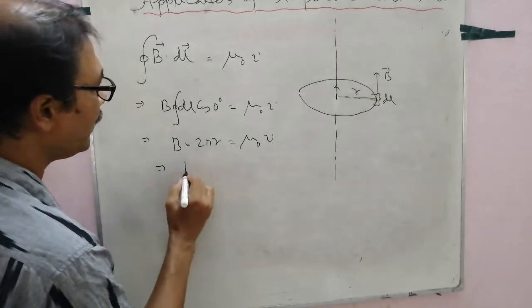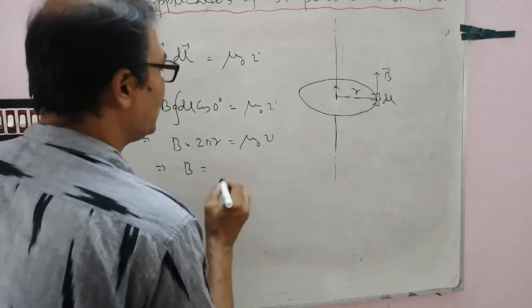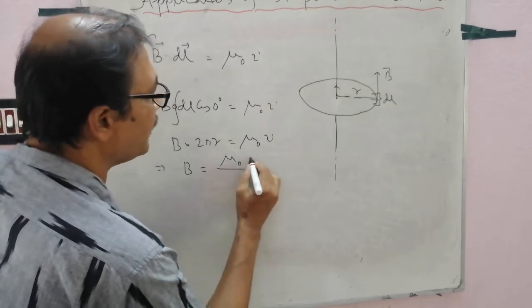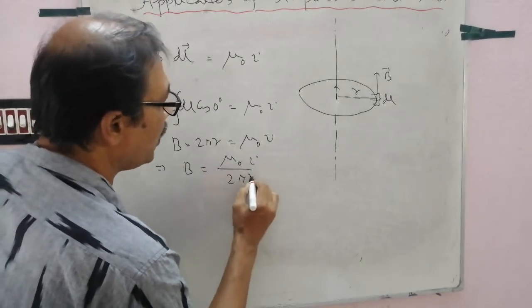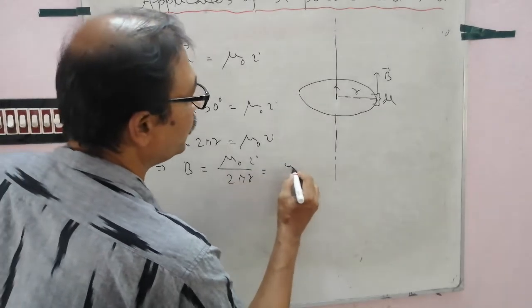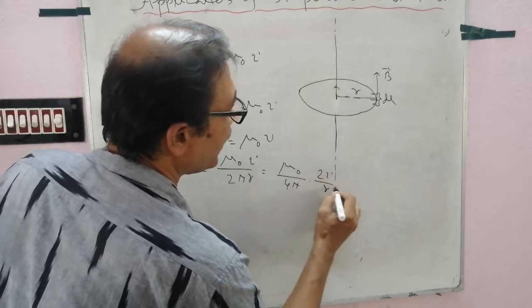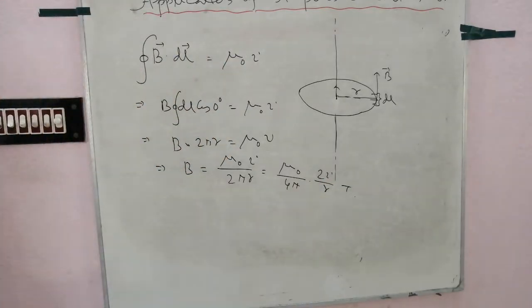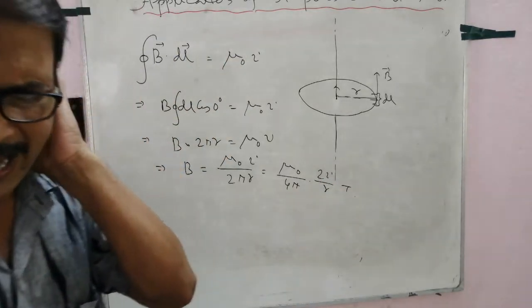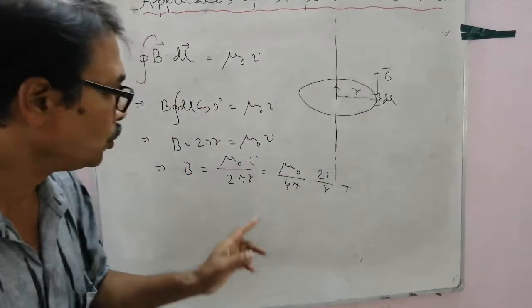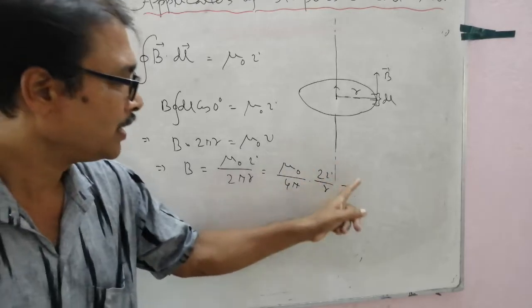In a very simple way we can find out the magnetic field for a long current carrying conductor. Follow. Mu 0 by 4 pi into 2I by r tesla. By applying the Biot-Savart law, that was very difficult, it was hard to prove this formula.